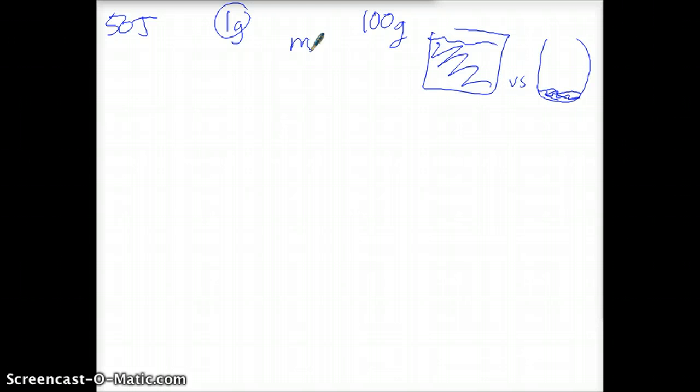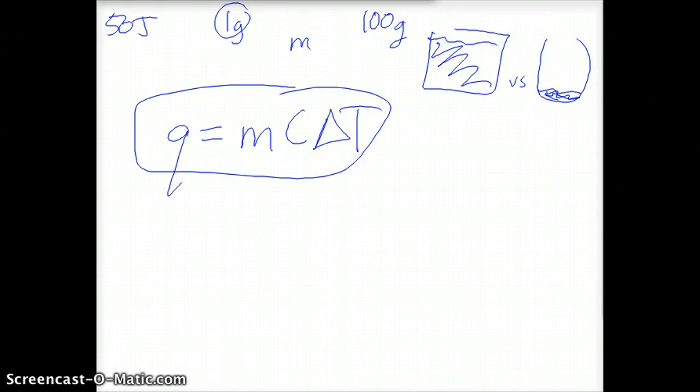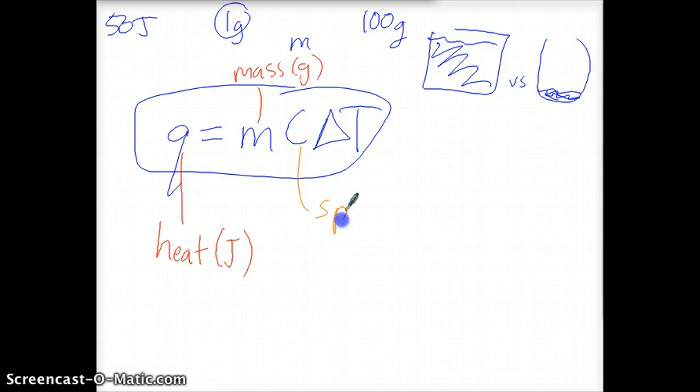So if we want to measure the amount of heat needed to change the temperature of a substance, the equation we use, Q in heat, is equal to mc delta T. This is our equation we need to know, where Q represents heat in joules, m represents mass in grams, c is our specific heat capacity in units of joules per gram degree Celsius frequently, and delta T is our change in temp.